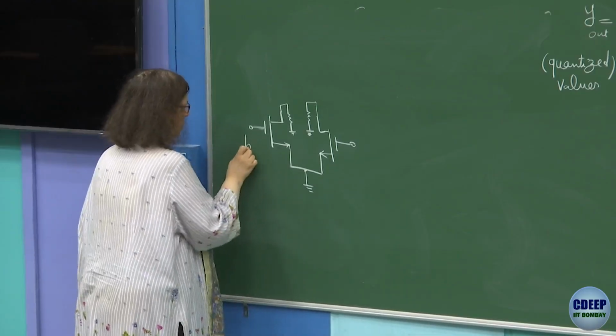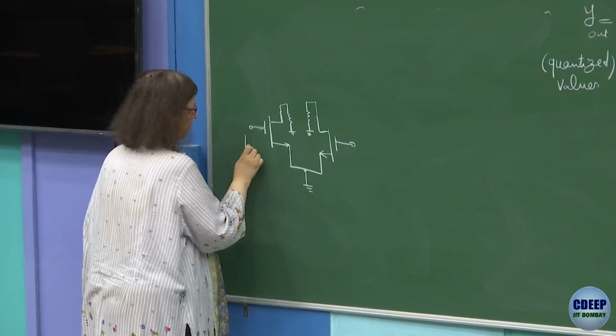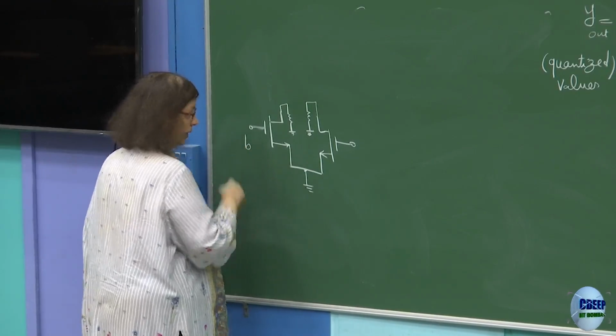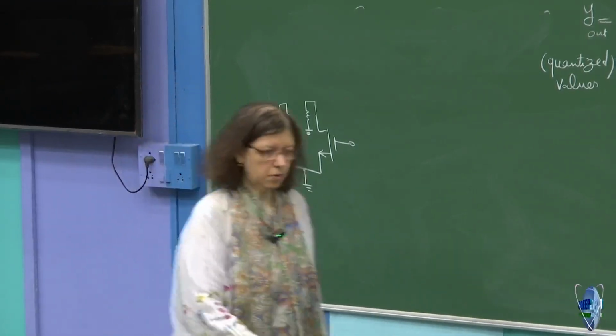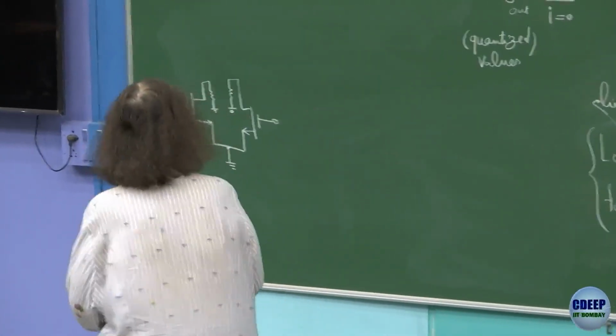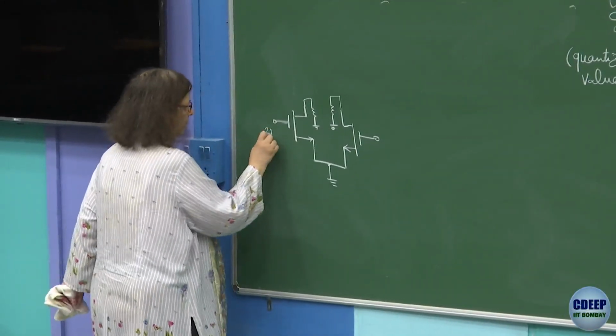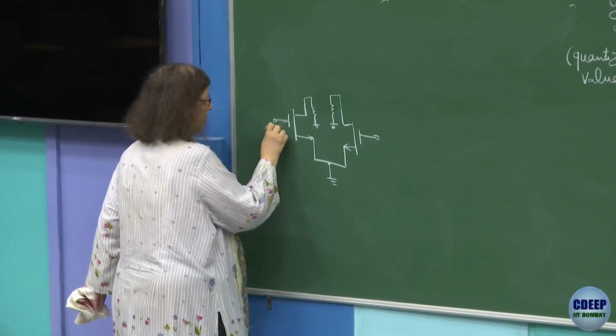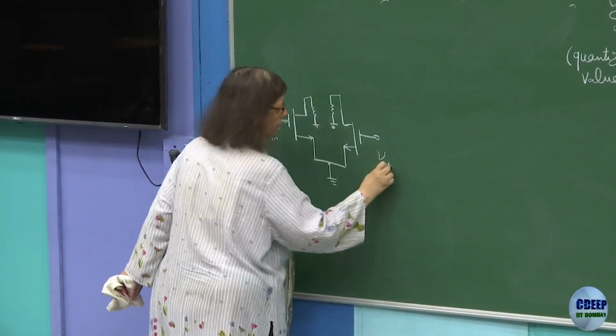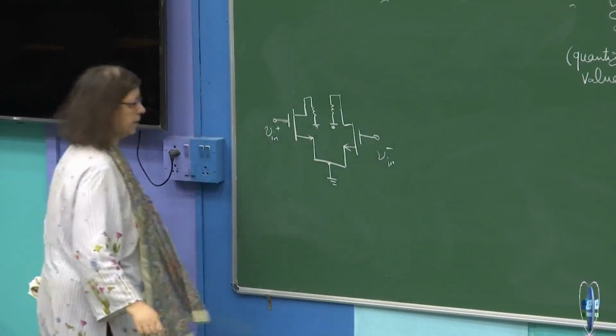So this is, for example, now thermometer code. I cannot here write BJN. So let's say, for example, just some input signal. Now let's forget about this. So V in plus, V in minus. Yeah, we call it this way.